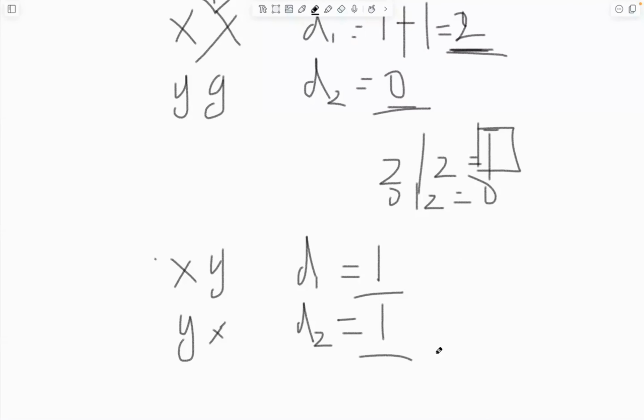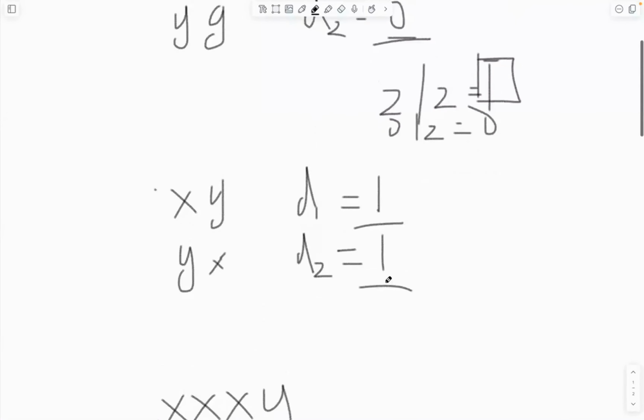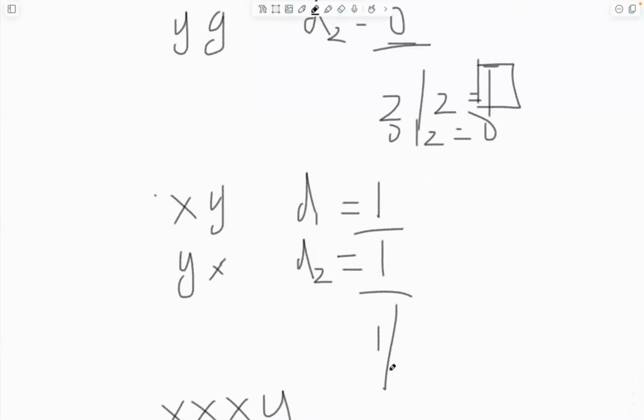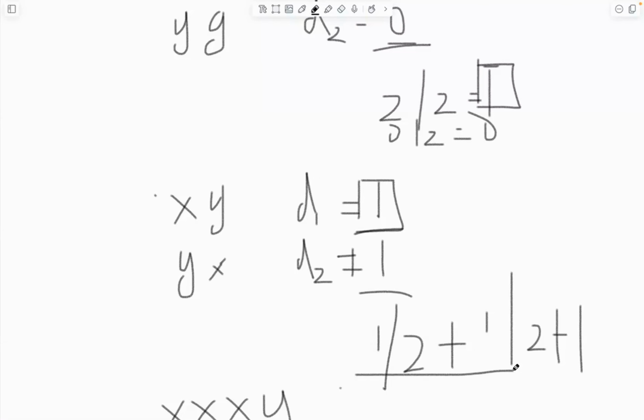So it's 1 divided by 2 plus 1 divided by 2 plus 2. If both are odd, you need to follow this formula.